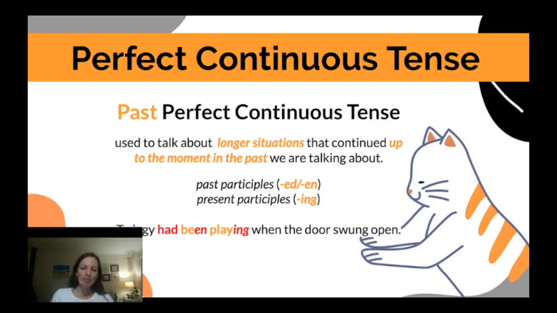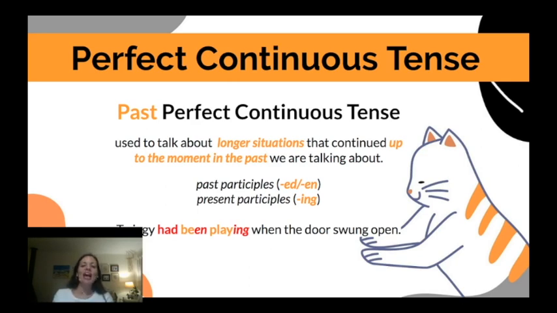So we're going to be using the past and the present participles to do this. And the example at the bottom says, Twiggy had been playing when the door swung open. So had shows me that it was in the past. So what we're analyzing here is we're trying to determine what had she been doing up until the point where the door swung open.